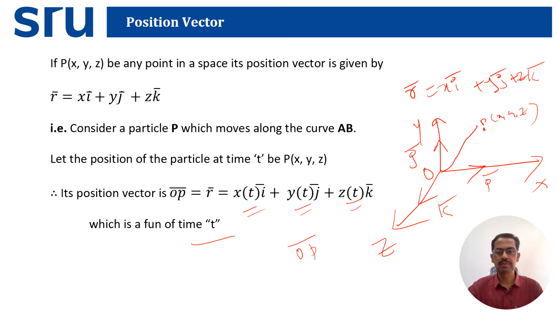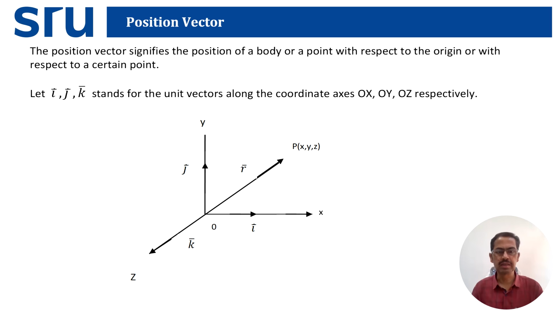R bar is the position vector along this direction.